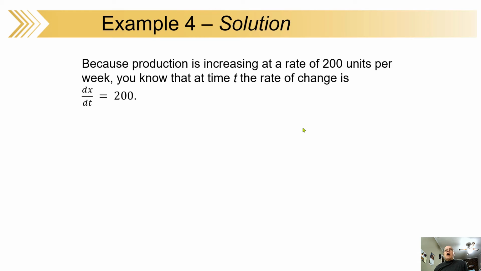Now, you already know that your production is going up 200 units per week. These are the units. T is going to be in weeks.